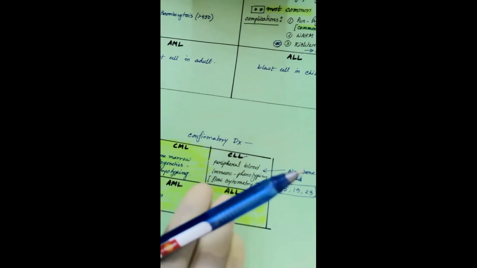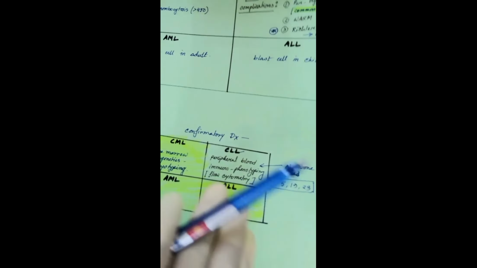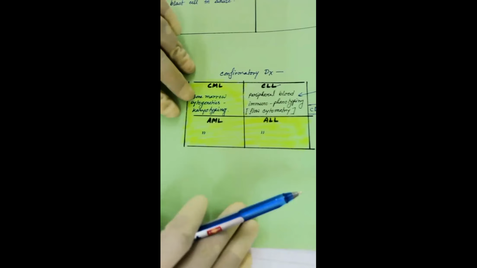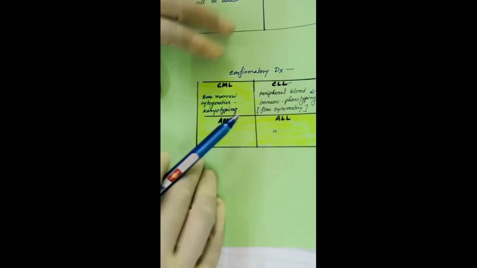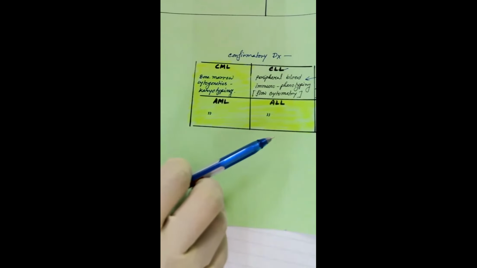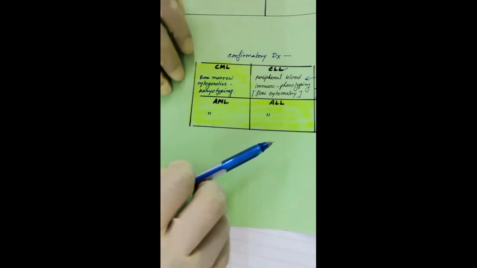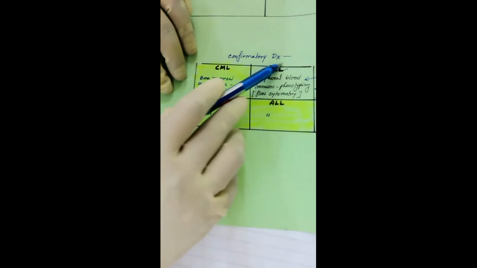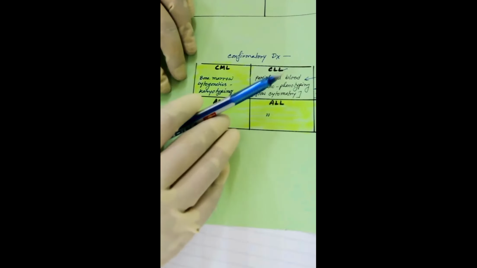Now, they will ask you how you can do the confirmatory diagnosis of these 4 leukemias. These 3, which I colored yellow, you can go with bone marrow, cytogenetics and karyotyping. Only CLL, the most common adult leukemia, needs no bone marrow biopsy.